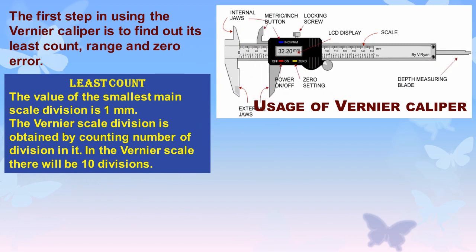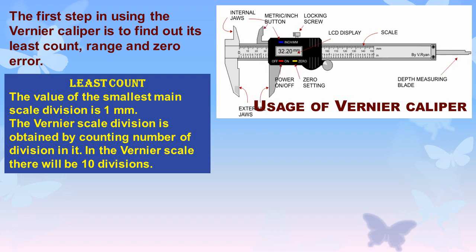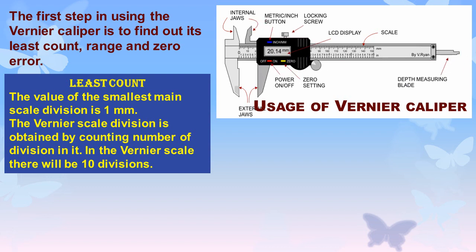In the main scale, divisions are in centimeters, further divided into millimeters. The value of the smallest main scale division is 1 millimeter. The vernier scale division is obtained by counting the number of divisions in it. In this vernier scale there are 10 divisions.